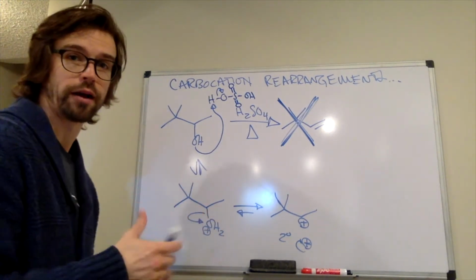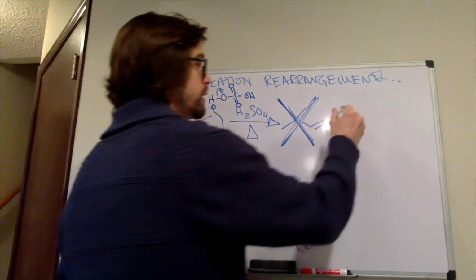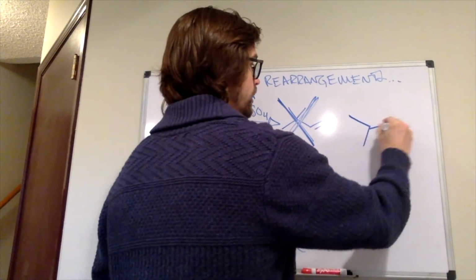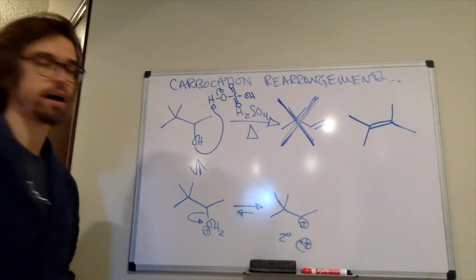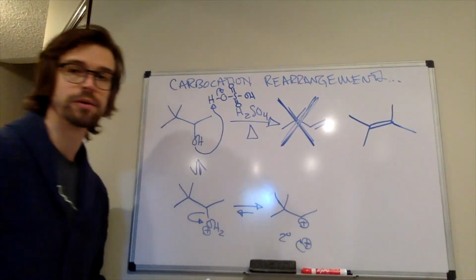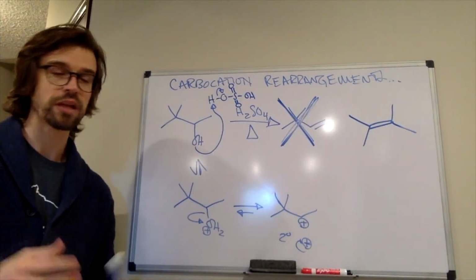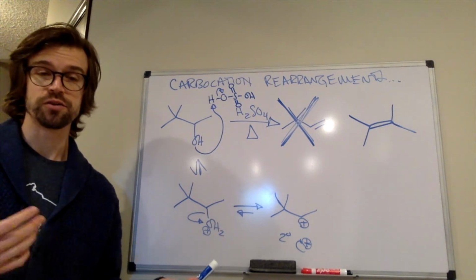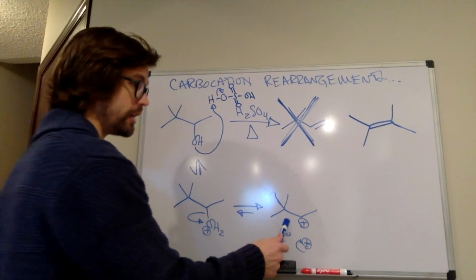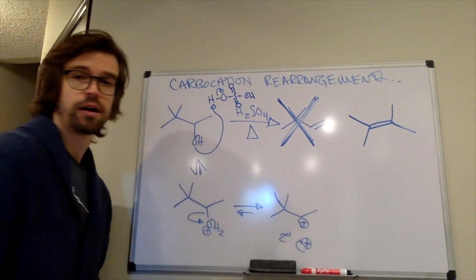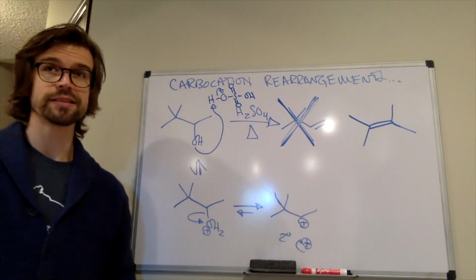The actual product of this reaction is this molecule here. So an alkene there with two different carbons on each side. Basically a tetrasubstituted alkene. So how do we get from here to there? I think this is a good part.